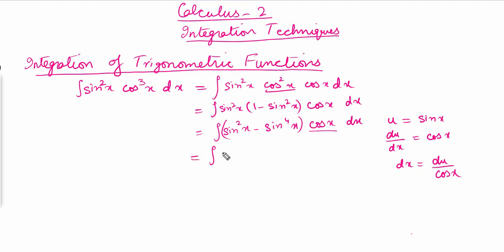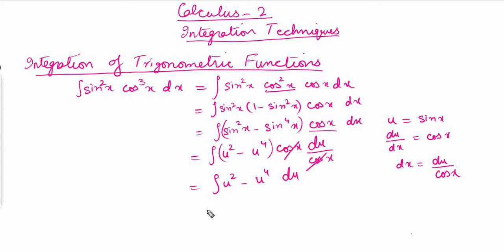So it will become u square minus u to the power of 4 times cos x times du over cos x. So this cos x got cancelled, and my integration will be simplified to the integration of u square minus u to the power of 4 with respect to u.